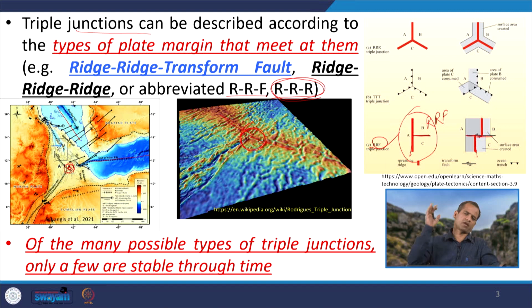If you remember our earlier class when we were talking about Euler's pole, this relative velocity changes from the pole to the equator. Similarly, the orientation of the plate boundary changes with time. So, with the change of orientation and relative velocity, the stability of the triple junction changes.